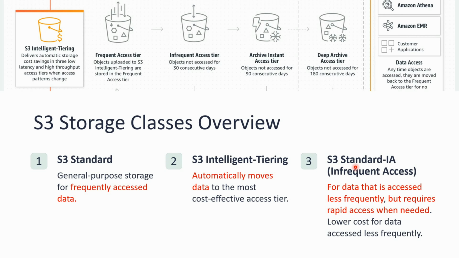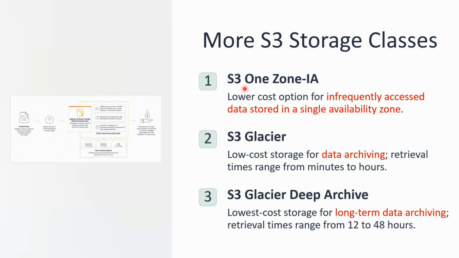Next one is S3 Standard-IA, which is used for data that is accessed less frequently but requires rapid access when needed, and is lower cost. Next one is S3 One Zone-IA. This one is a lower cost option for infrequently accessed data which is stored in a single availability zone.